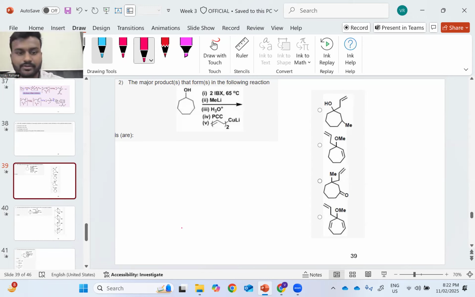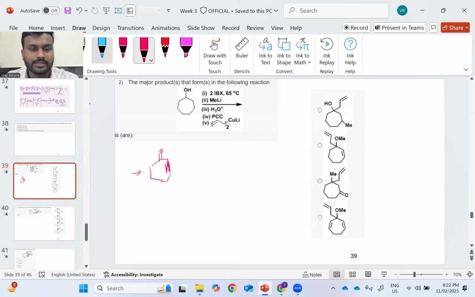So I'll try to roughly draw this one. The first step was, ignore the numbering of this double bond O, this alpha beta. After the first step, when you add the second reagent, the methyl lithium directly attacks here. So this OH, then here there is methyl.